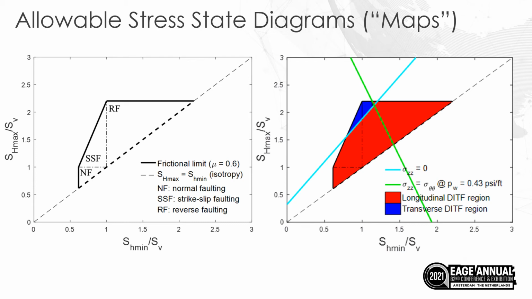And the remaining part of the polygon I shaded red, to signify the range of stress states in which longitudinal drilling-induced tensile fracture initiation will take place at the given wellbore pressure gradient or higher.